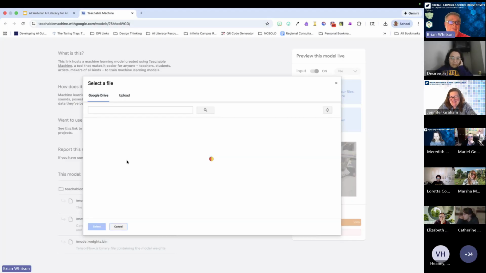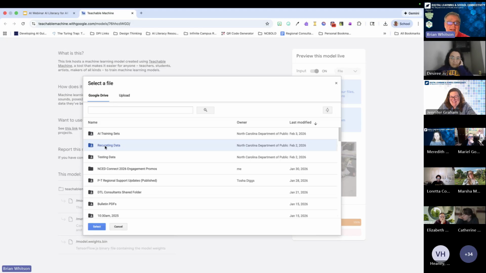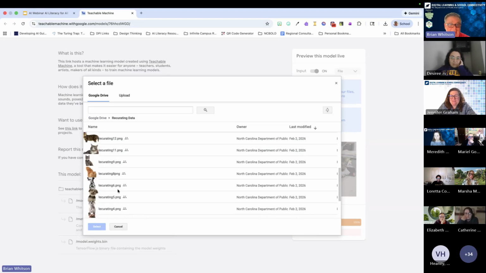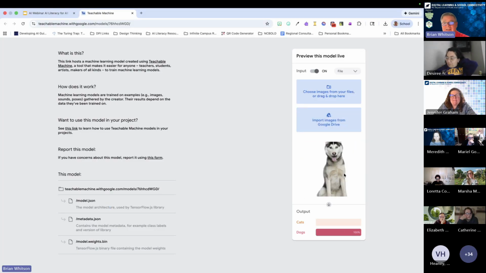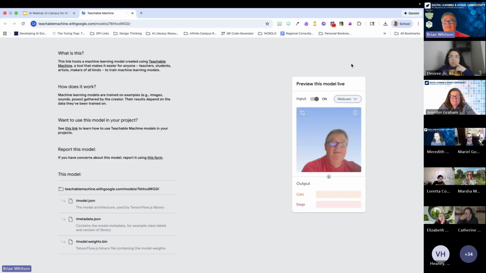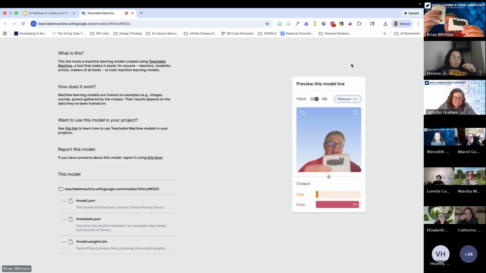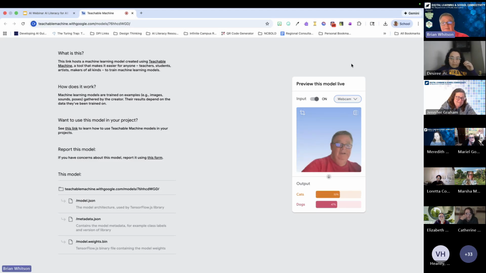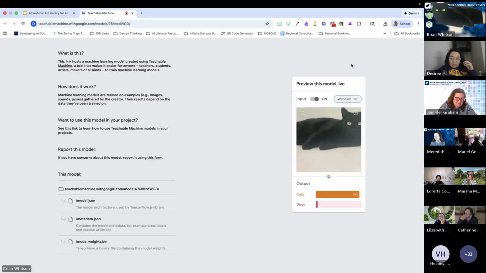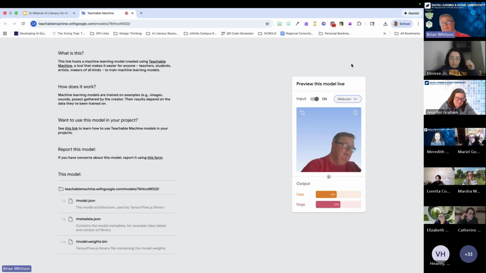You can also pull images from your Google Drive. You would have to give it permission. So I'm going to come down here and just pull this image, and it's classified as 100% dog. So far it's looking pretty good. If we were in person, I have these different cards of the same animals, and you just bring them closer to your camera and see if it can classify them.